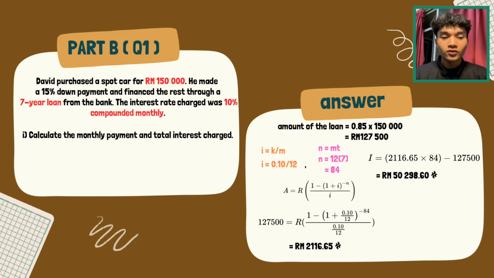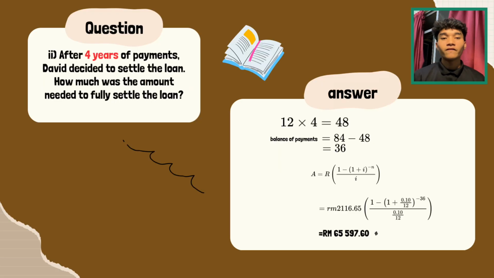Then use n equals mt and you will get 84. After that, use the formula A equals R bracket 1 minus 1 plus i to the power of negative n over i close bracket. Substitute the information and you will get 2,116.65.